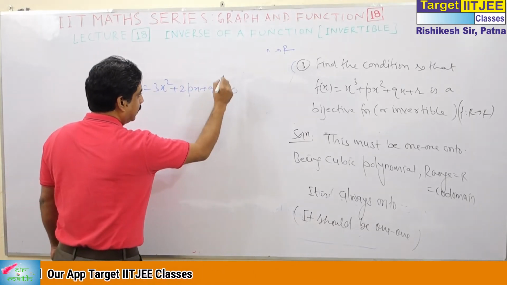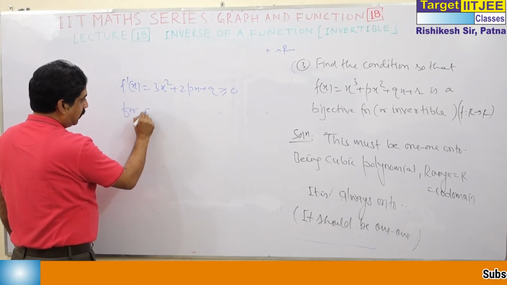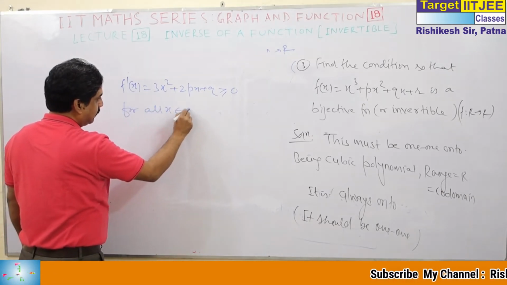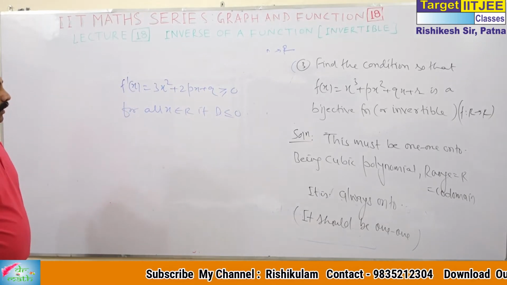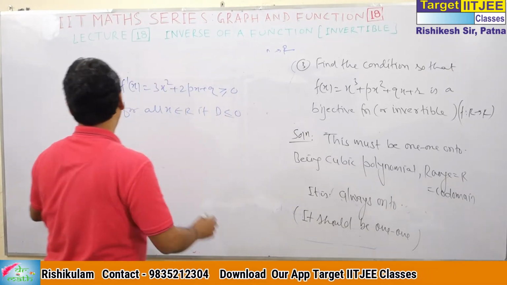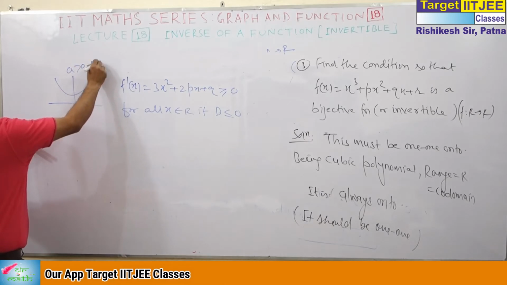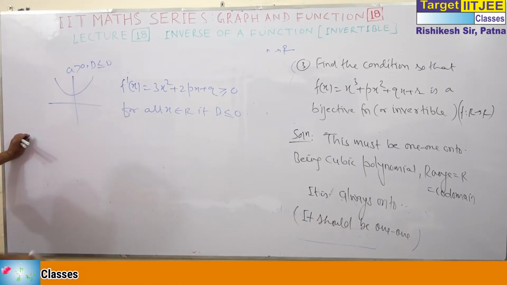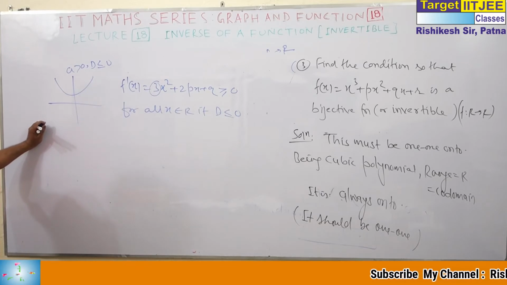It will be greater than or equal to 0 for all x belongs to R if D is less than or equal to 0. What is the condition for a quadratic to be positive? a greater than 0, D less than or equal to 0. Here a is always greater than 0.